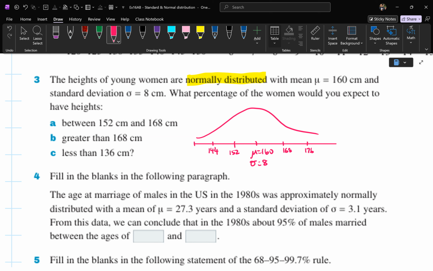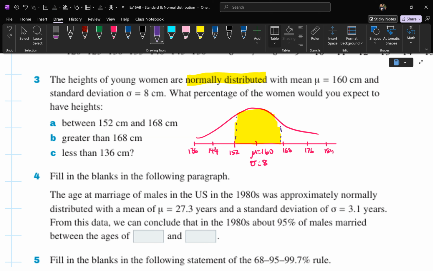And then the next should be 136, whilst the next bit is 184, something like that. Cool, so I've got a picture and we're asking between 152 and 168. They both sit within one standard deviation.